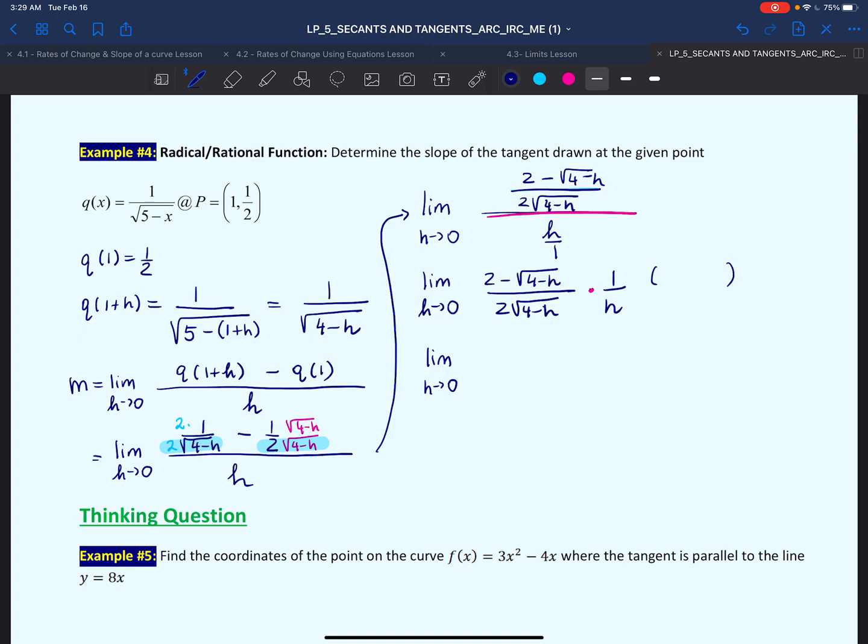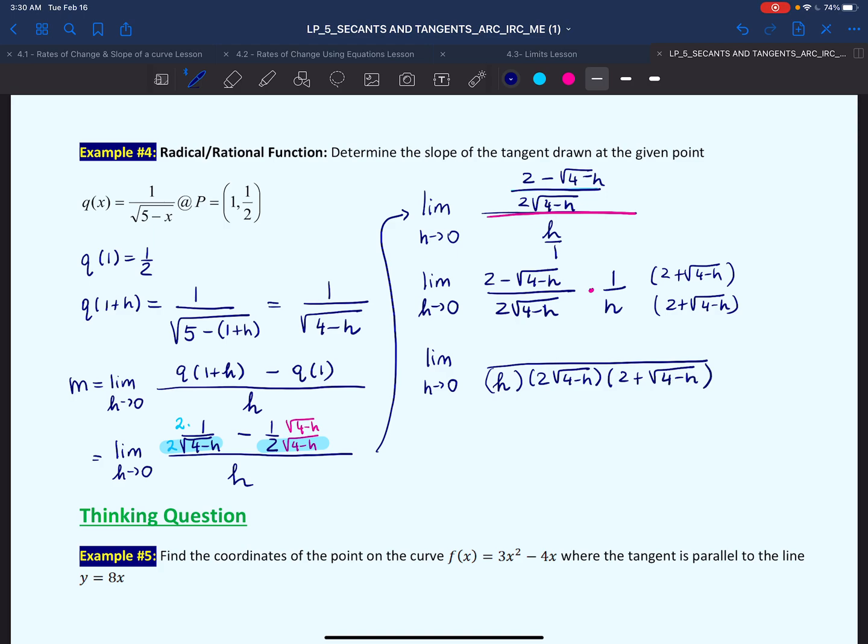The conjugate of the numerator is 2 plus root of 4 minus h. So now we have h times 2 root of 4 minus h times 2 plus root of 4 minus h.